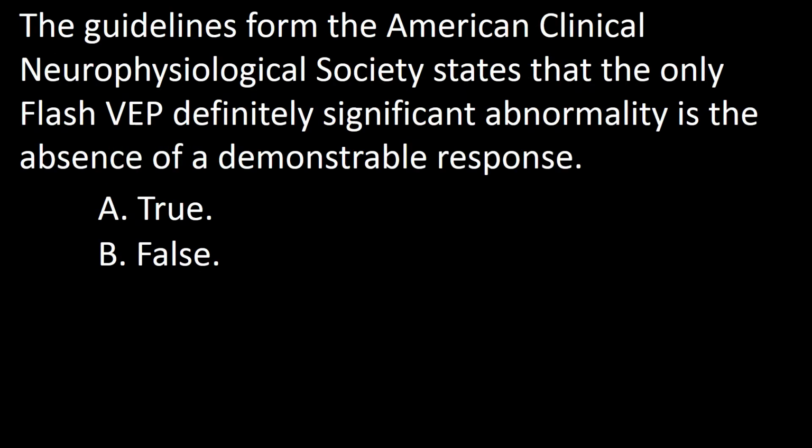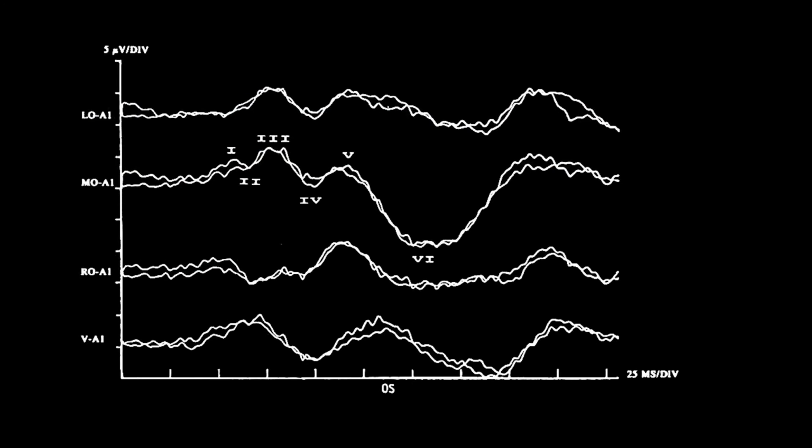Next question. The guidelines from the American Clinical Neurophysiology Society state that the only flash VEP definitely significant abnormality is the absence of a demonstrable response. A, true. B, false. This is the example of flash VEP presented in the guidelines by the society.